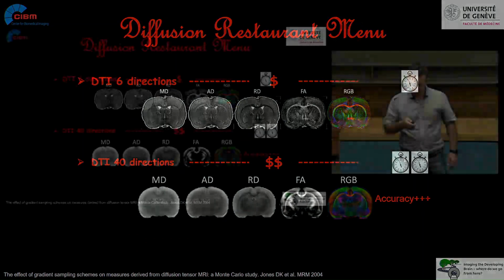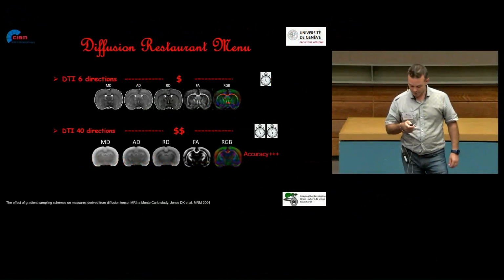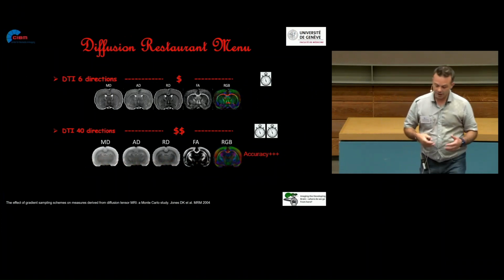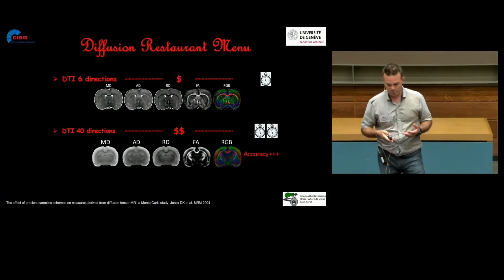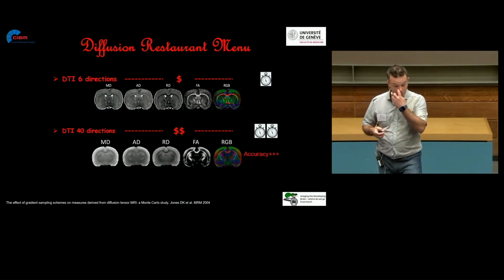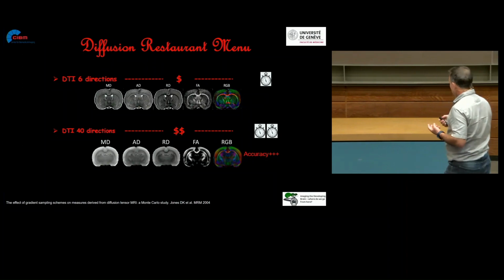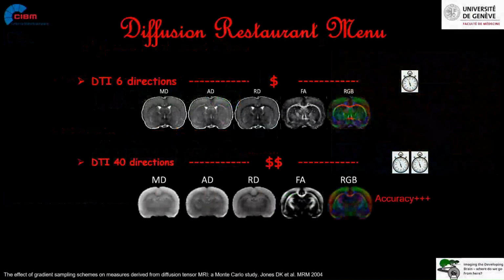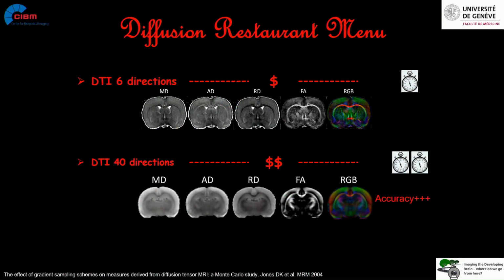If you have a bit more money and a bit more time, you can take the DTI with 40 directions. Mostly you will increase the accuracy of your measurement, but it will be a bit more time consuming. You will have access to the same kind of maps, same kind of images, but with better accuracy.